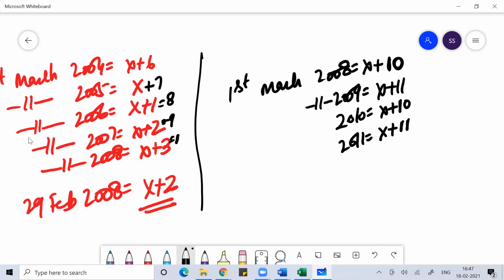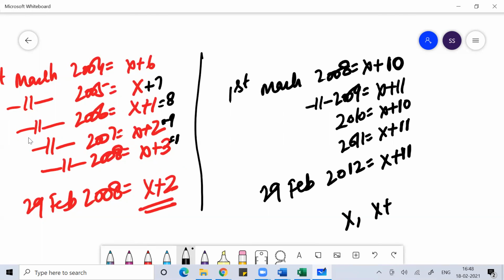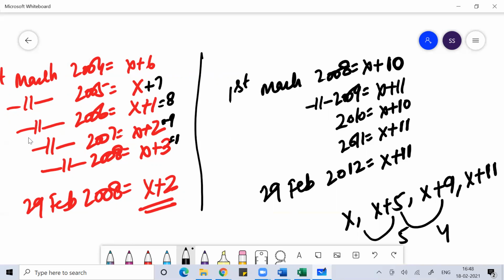Then 29 Feb 2012 will be x plus 11. Notice the difference. First it was x, then x plus 5, then x plus 9, then x plus 11. The differences are 5, then 4, then 2.